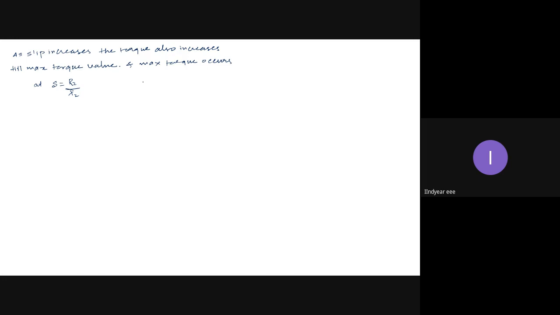Okay. So this maximum torque is known as pull-out torque or breakdown torque.